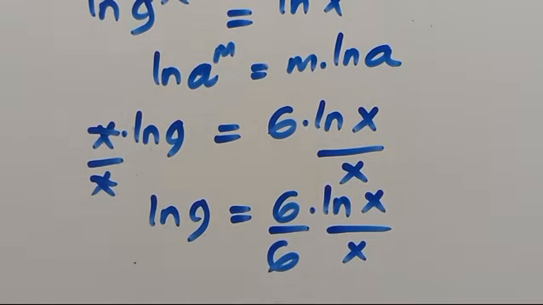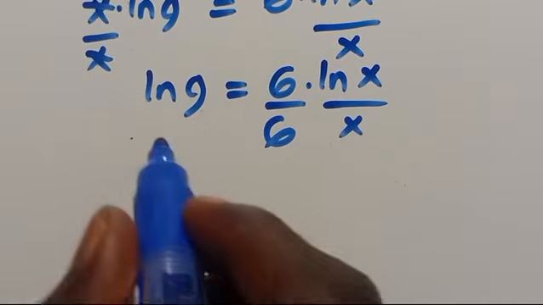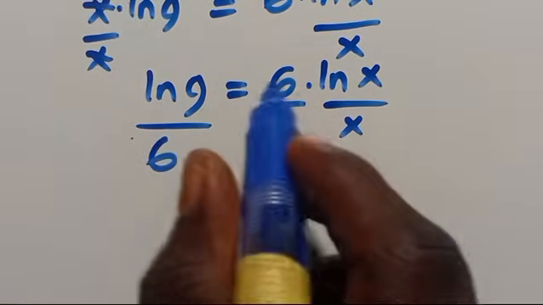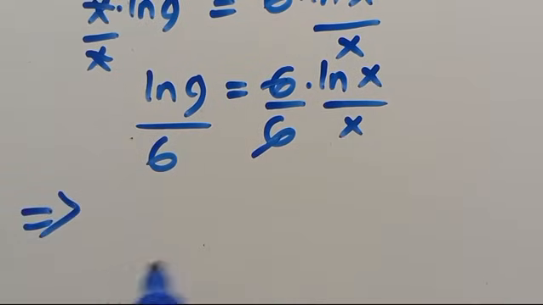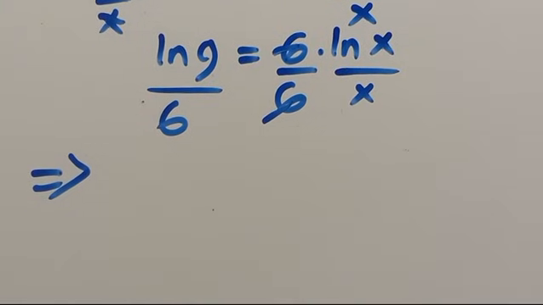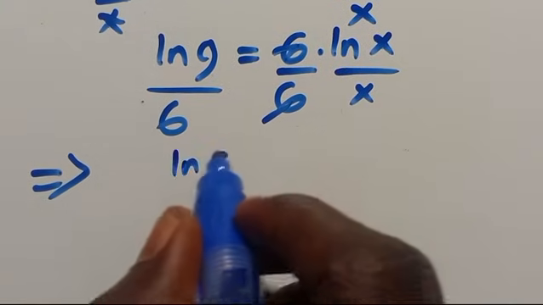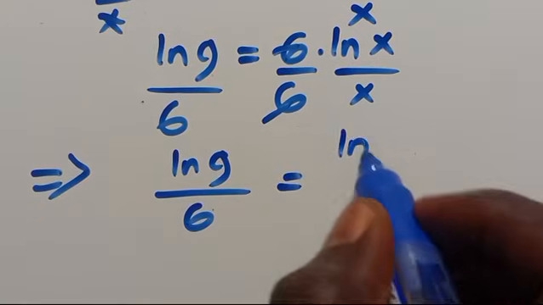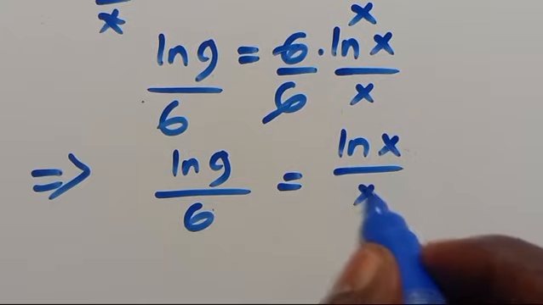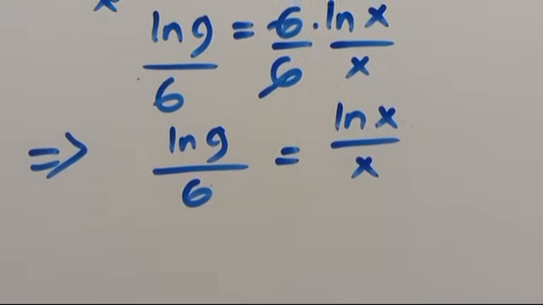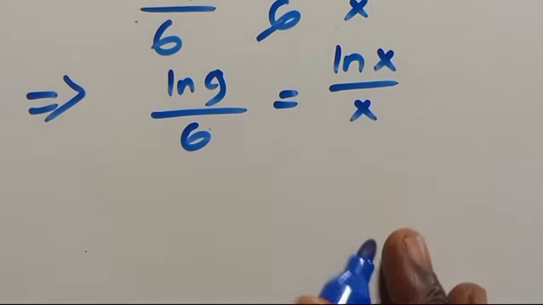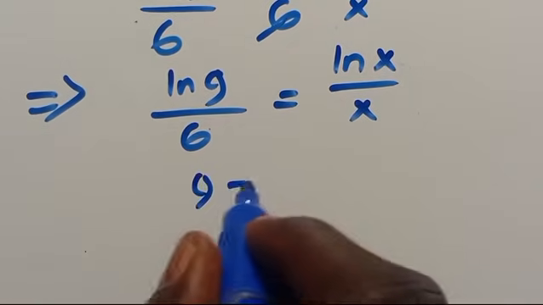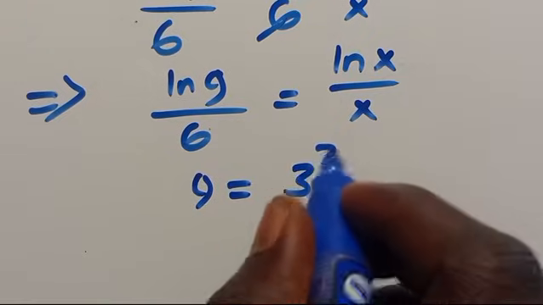Also dividing through by 6, this will cancel out this, so we have it separately as ln of 9 over 6 equals ln of x over x. Then let us recall that we can have 9 in base 3 as 3 to the power of 2.